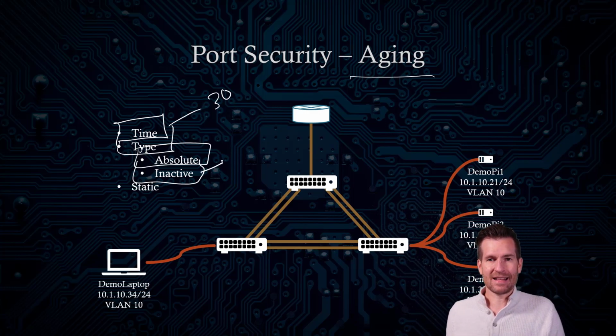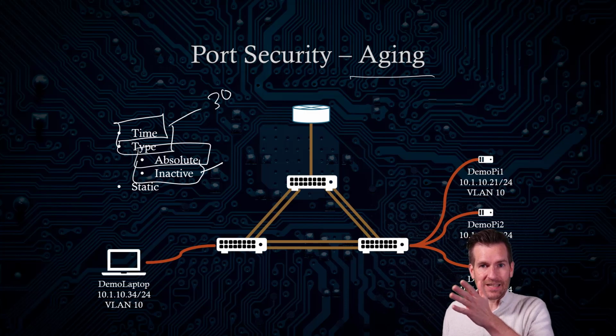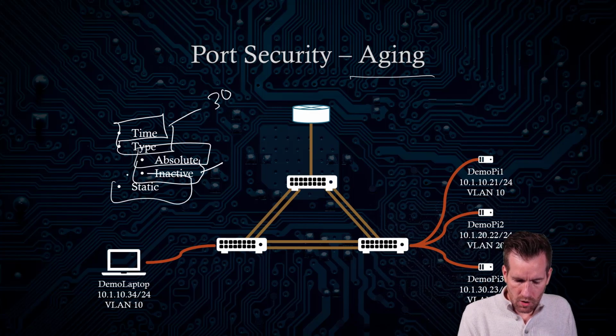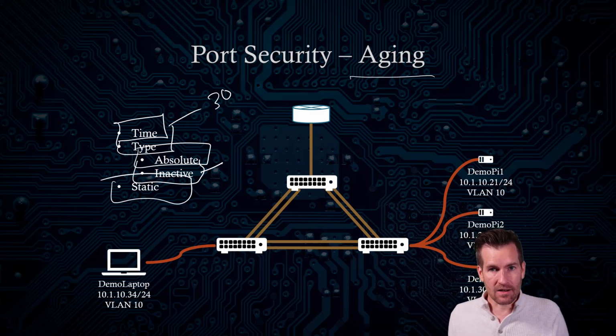Or the time that it's inactive? So let's say that device is on for 15 minutes and then at the 15-minute mark, it starts the 30-minute timer, and then ages out after that. And then finally, whether you want it to affect the static or the manually entered addresses on that machine.